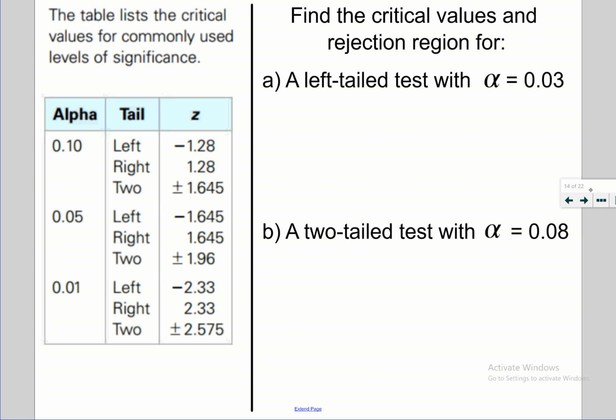Write that down on our purple packet. The alpha, tail, z thing? Oh, the whole thing on the left there. Alpha, tail, z.